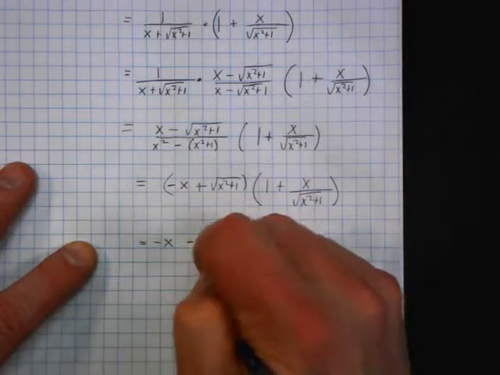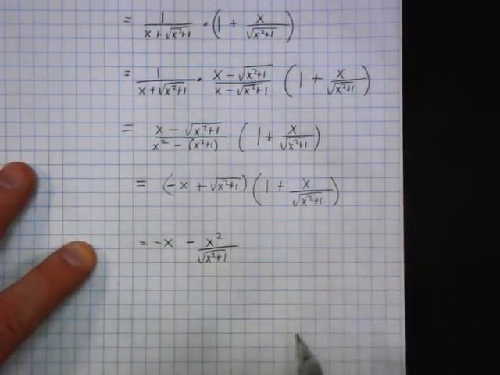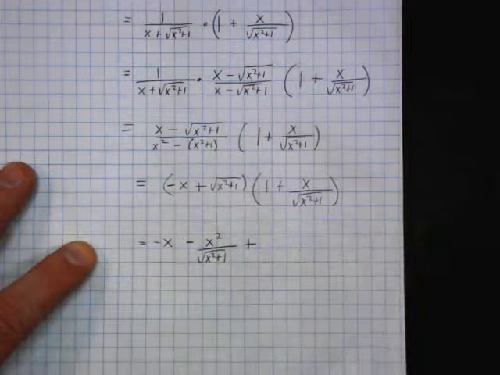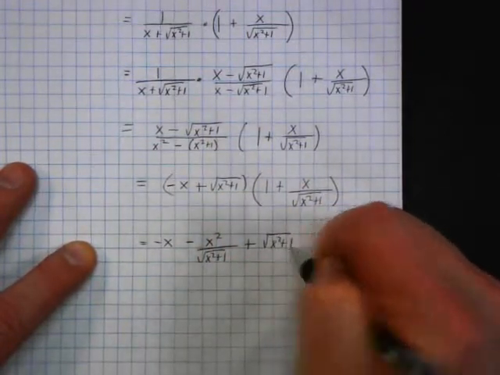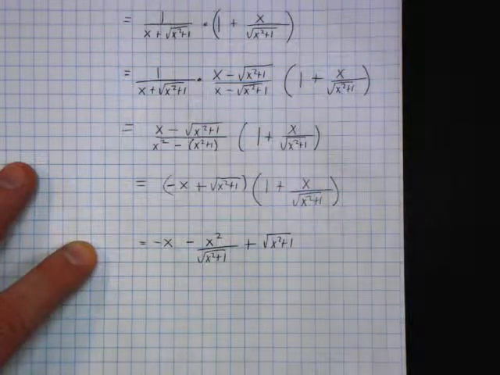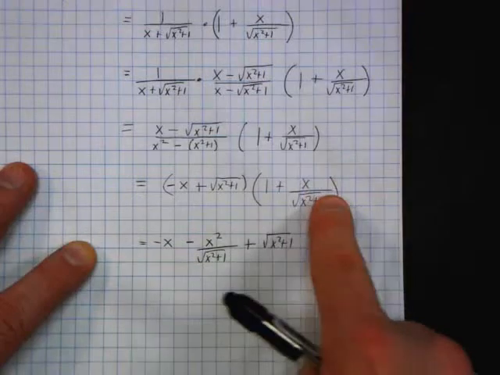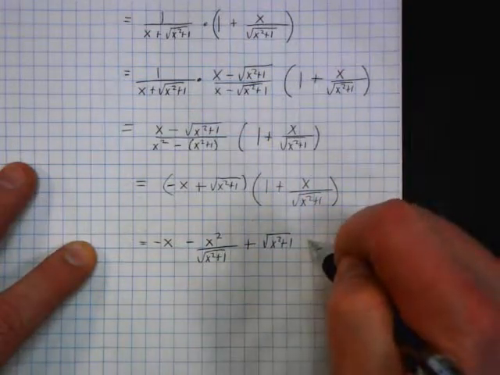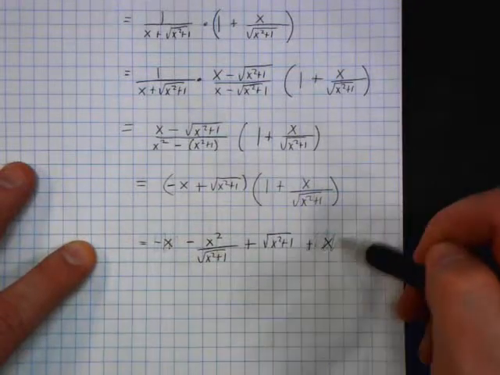Negative x squared over the square root of x squared plus 1? Plus square root of x squared plus 1. And then what's square root of x squared plus 1 times x over the square root of x squared plus 1? x. All right, so it's getting better. Those add up to 0, don't they?